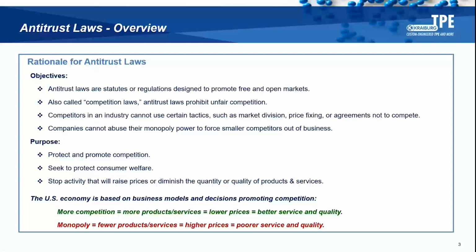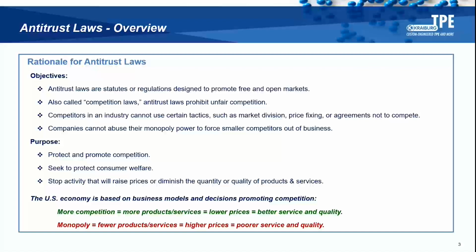In some instances, companies cannot abuse their monopoly power if they have a very high share of the market to force smaller competitors out of business. The main purpose for antitrust laws is to protect and promote competition, to protect consumer welfare, and essentially stop any activity that will raise prices or diminish the quantity or quality of products and services provided.